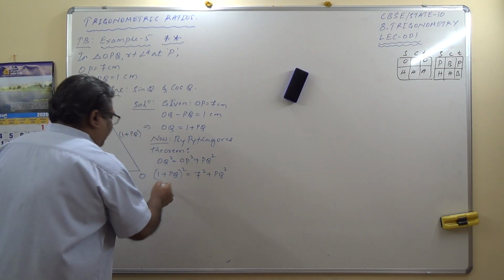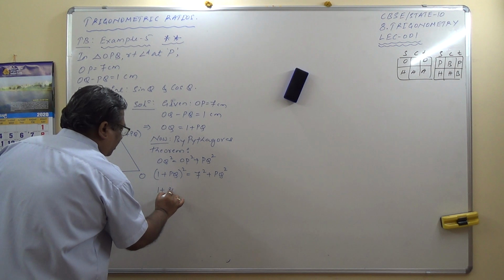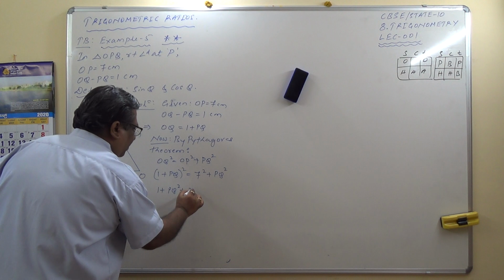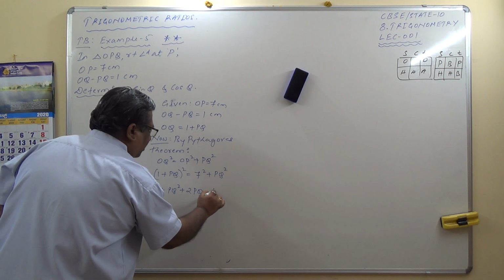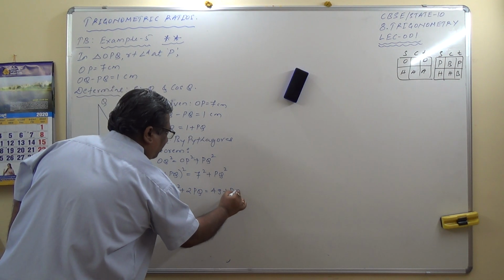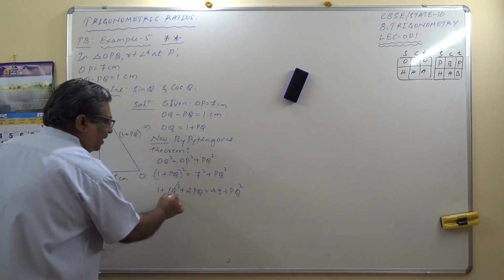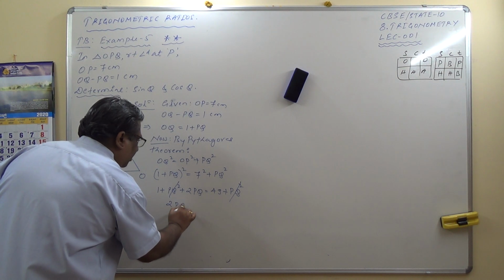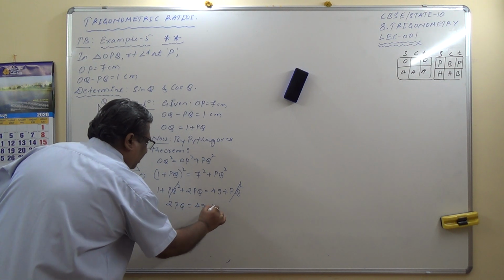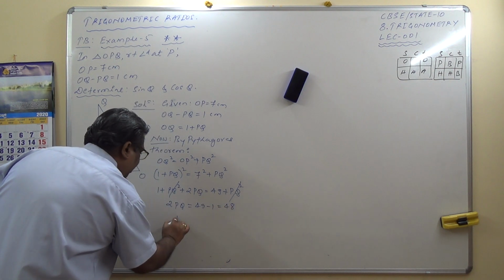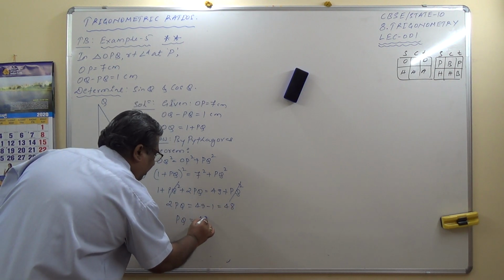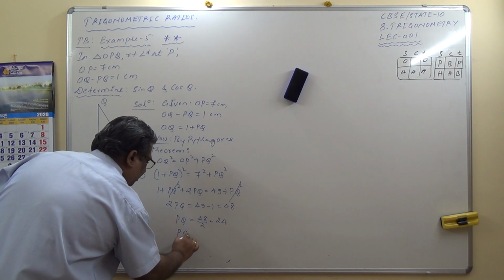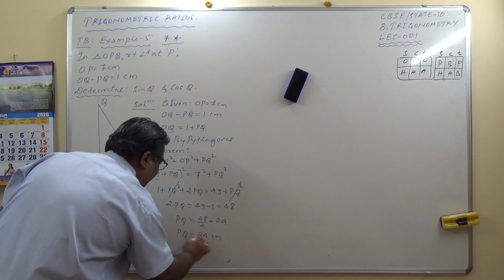Expand it. 1 plus PQ square plus 2 times 1 into PQ, which is 2PQ, equals 49 plus PQ square. This side and this side PQ square will cancel. Therefore, 2PQ equals 49 minus 1, which equals 48, and PQ equals 48 divided by 2, which is 24, and therefore PQ equals 24 centimeter.